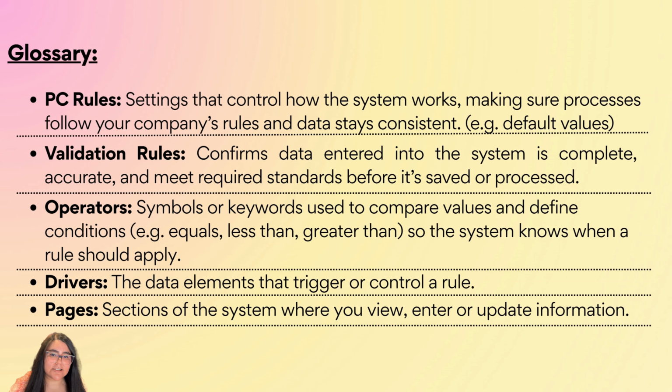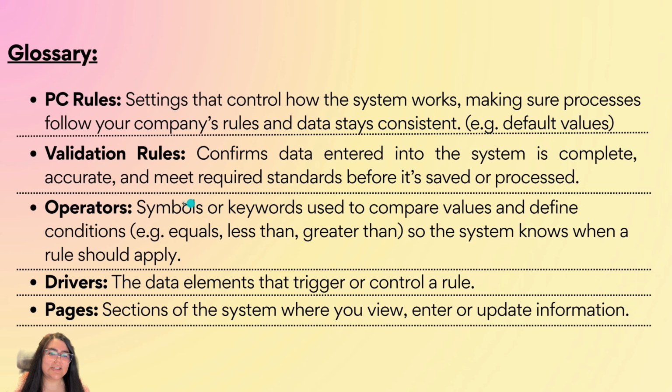The key things to know here are that PC rules control how the system works and reads and interprets your data so that it can make certain changes, such as apply default values to certain pages. Validation rules confirm that the data entered into the system is complete, accurate, and meets required specifications. I'm going to go over a simplified, and when I say simplified, it's kind of a little complicated, but don't worry.